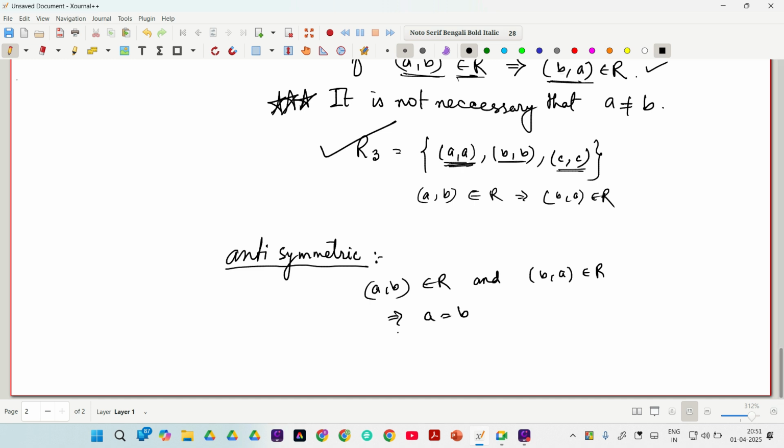If (a, b) belongs to R and (b, a) belongs to R, that means if this is symmetric, then a should be equal to b. I will not explain more about this.